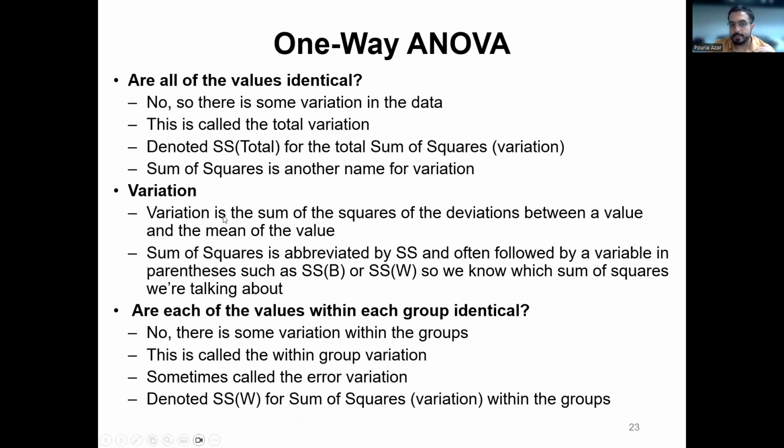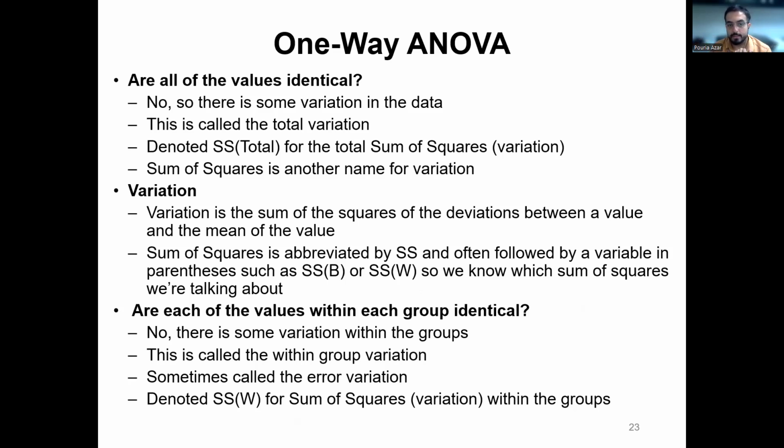And sum of squares is another name for total variation in the data. So variation is the sum of the squares of the deviations between a value and the mean of the value. That's the definition for variation in the data.